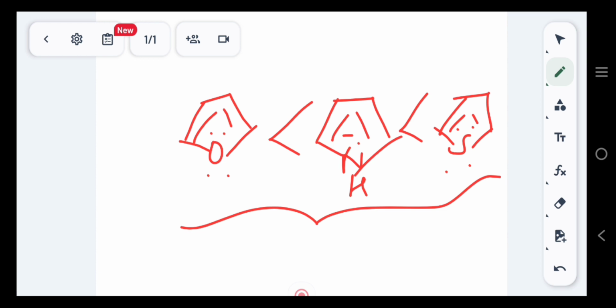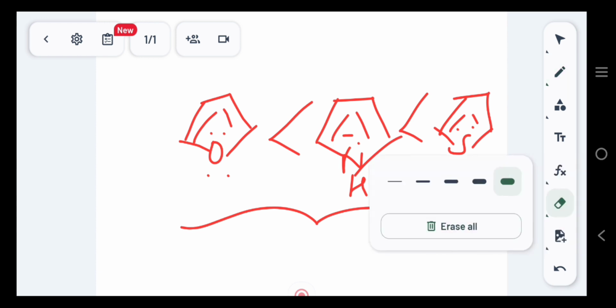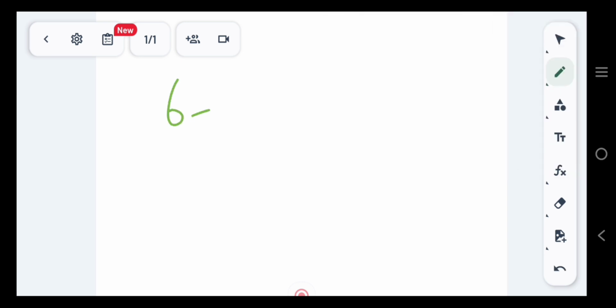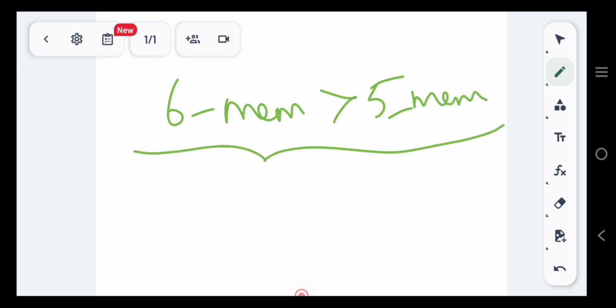Now this is between 5-membered rings. Then what about the 6-membered ring? Here I am going to tell you another trick. A 6-membered ring will have more aromatic nature when compared to a 5-membered ring. Just keep it in your mind.